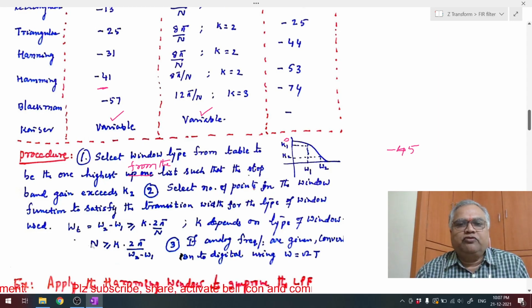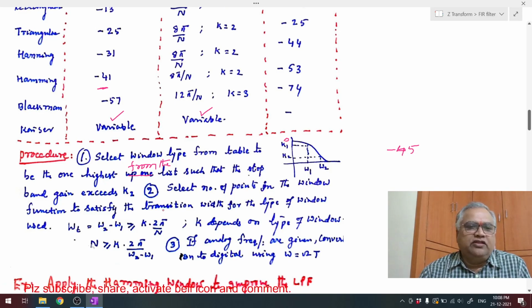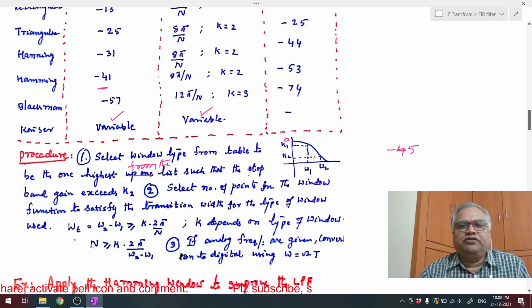Then select the number of points in the window function to satisfy the transition width for the type of window used.